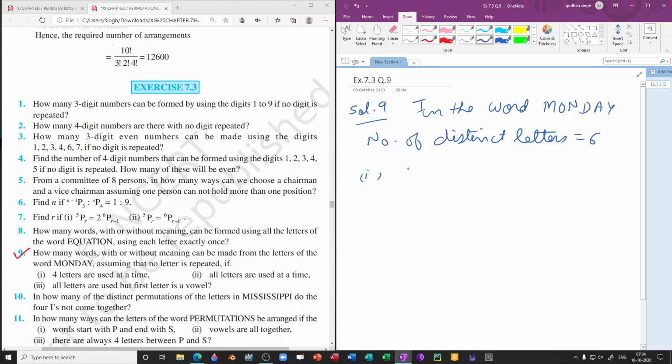First one, 4 letters are used at a time. That means we have to fill up 4 places. So here first of all let us write, therefore n equal to 6. Therefore r equal to 4. Required 4 letters are used at a time, therefore r equal to 4.